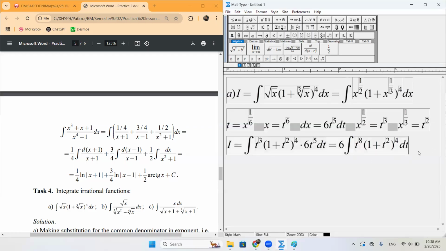So we have such expression. Unfortunately, we don't have the chance here to integrate it by parts, it would even make it more complicated.